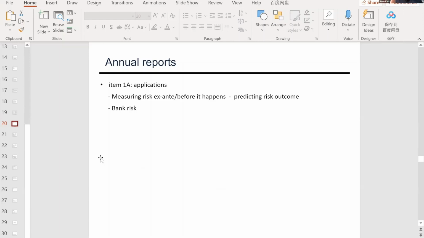My point is, once you have the manager's discussion about future risk, you can do text analysis to use this discussion to predict what will happen in the future. It may happen, it may not happen, but using a large sample, you can get the likelihood of what will happen in the future. That's what you can use.